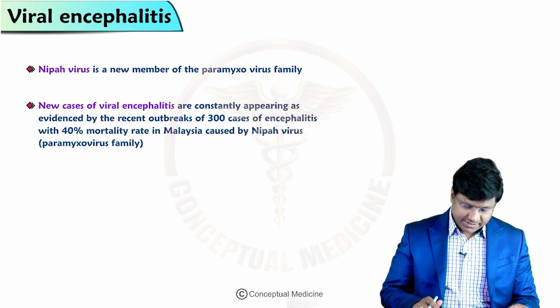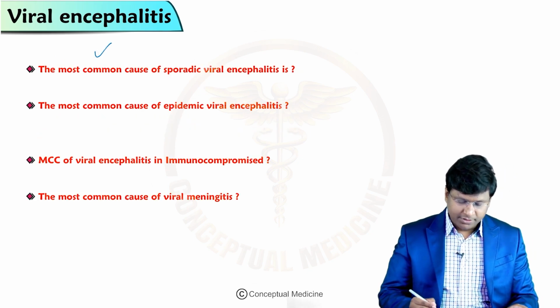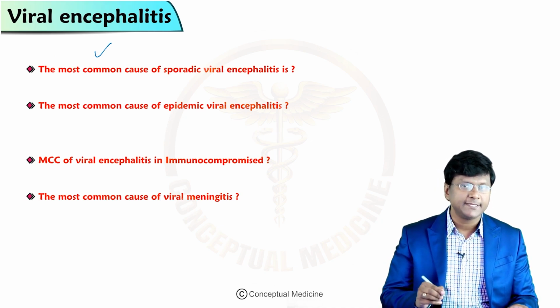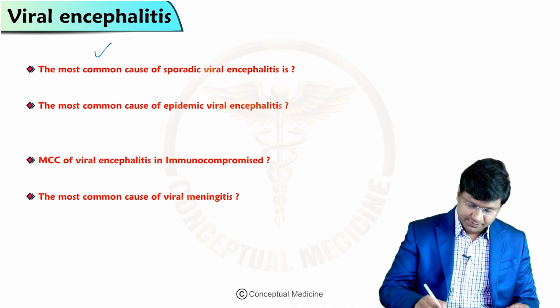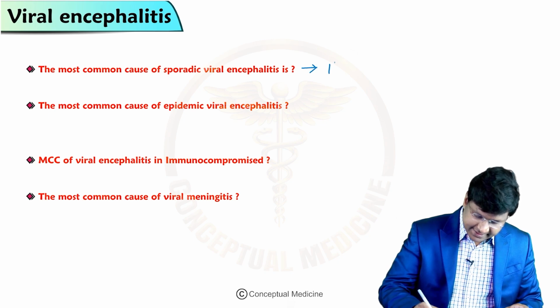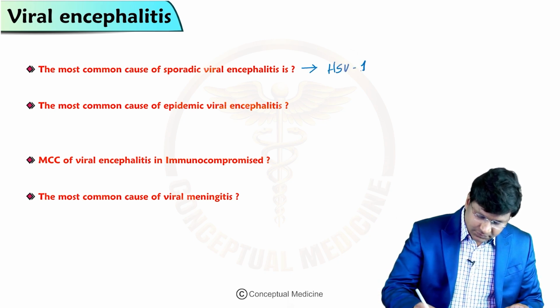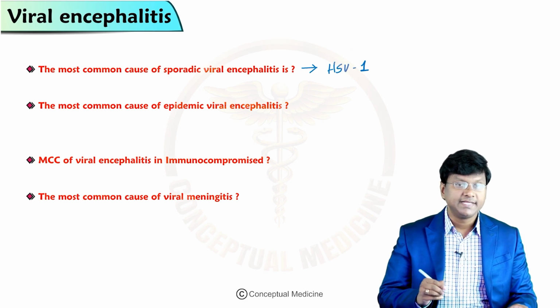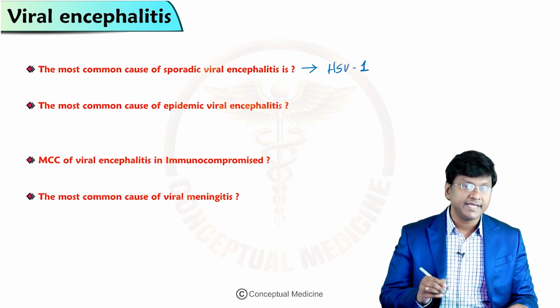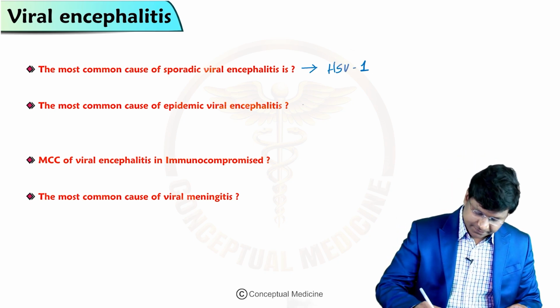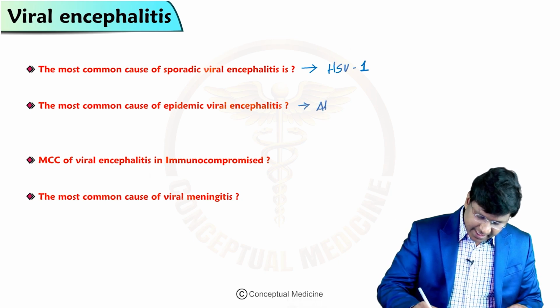Now among all these, the most common cause of sporadic viral encephalitis, the answer will be HSV1, and the most common cause of epidemic viral encephalitis will be the arboviruses.